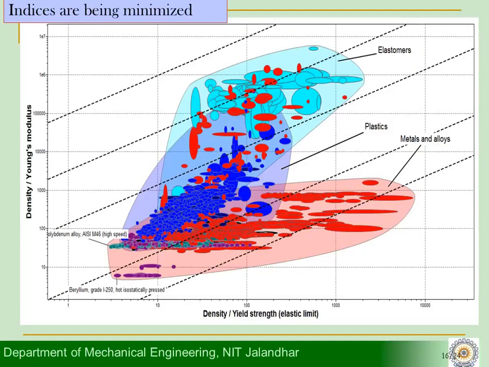In place of plotting the material properties, I am plotting density upon Young's modulus, that is rho upon E, and on the x-axis we have density upon yield strength, that is rho upon sigma y. So you are plotting M1 versus M2. Material index 1 has been plotted against material index 2.